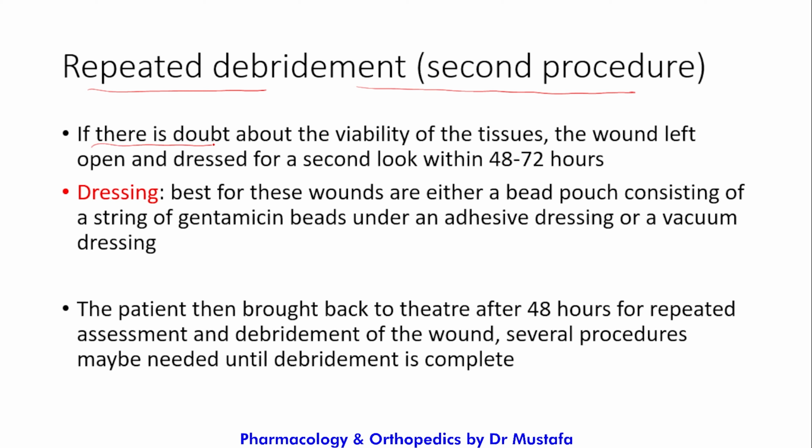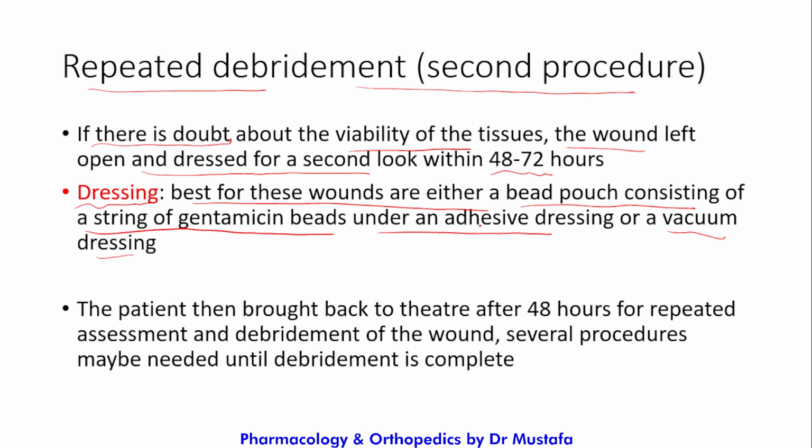If there is doubt about the viability of the tissues, the wound is left open and dressed for a second look, optimally within 48 to 72 hours. Maximum is 7 days. The best dressings during this time for these wounds are either a bead pouch consisting of a string of gentamicin beads under an adhesive dressing, or a vacuum dressing.